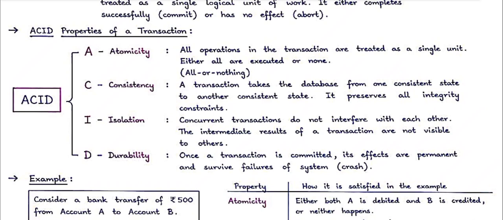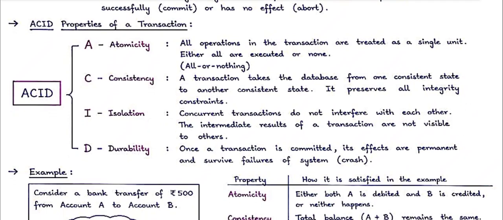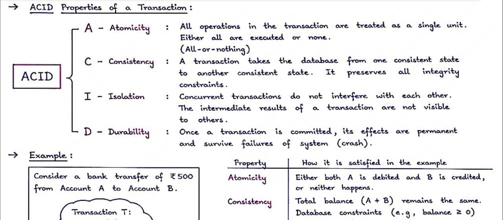C for consistency. A transaction takes the database from one consistent state to another consistent state. It preserves all integrity constraints. Then I for isolation.